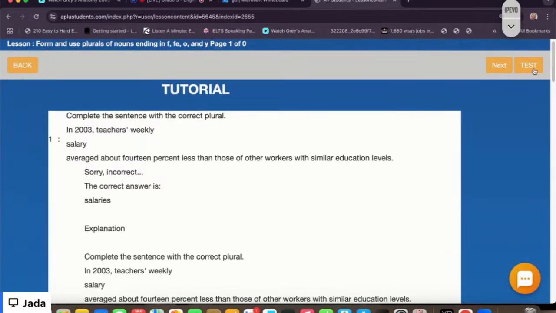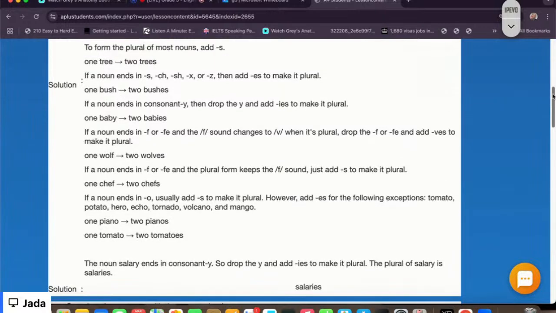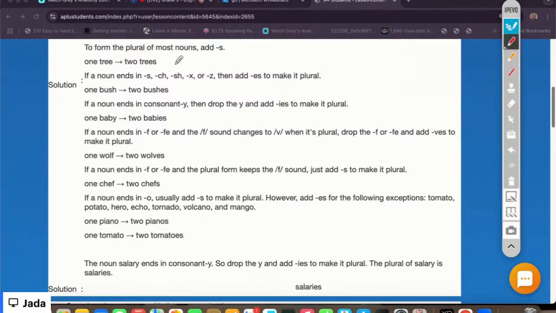So this is form and use plurals of nouns ending in f, fe, o, and y. All right, so we've gone through this before, and it says to form the plural of most nouns, you need to add s. So we know this. And if it's ending in s, ch, sh, x, z, you would add es.